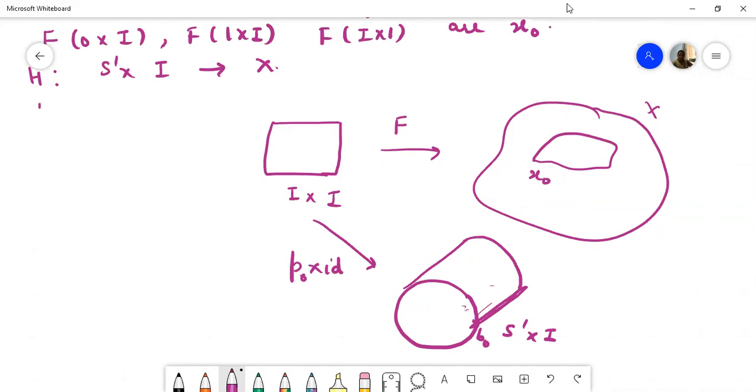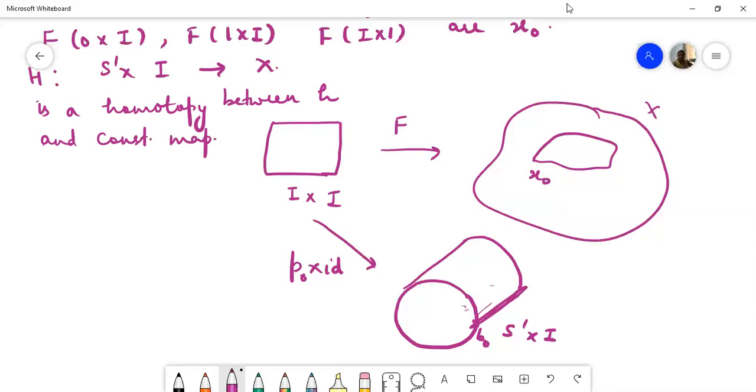So this H will be a homotopy between small h and the constant path. If it is a homotopy between h and a constant path, that means h is null homotopic. So it completes the proof of the theorem.